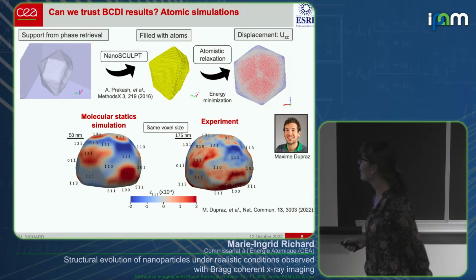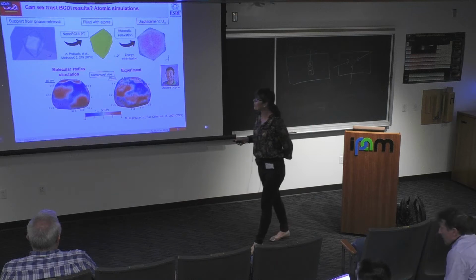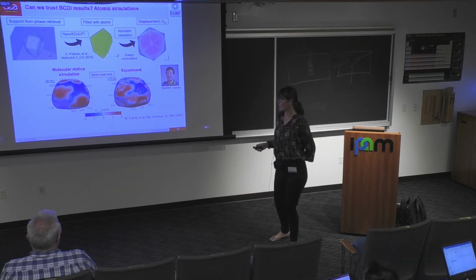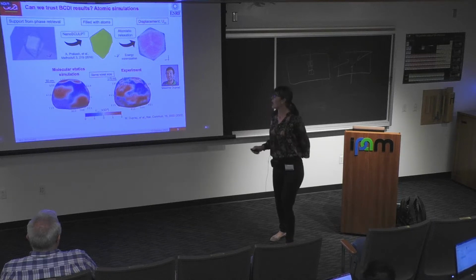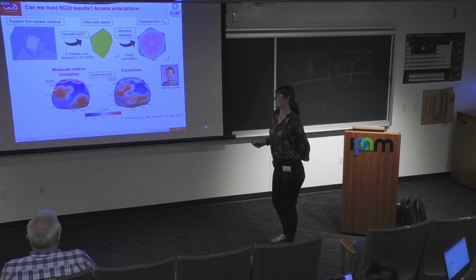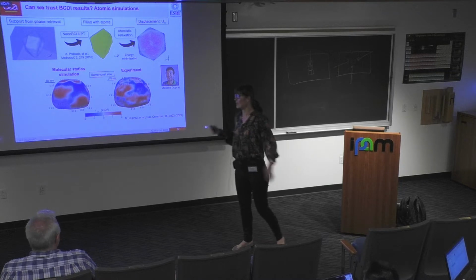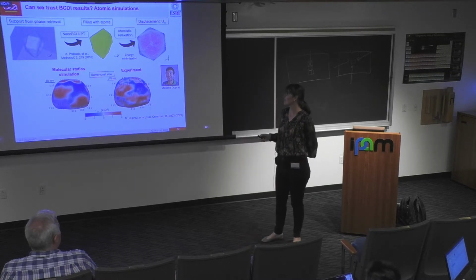Then we can use the same shape of particle and do molecular statics simulation. We need to use the same voxel size for the comparison. For sure, in the simulation the particle size is smaller compared to the experiment, because we can't get the same size with a simulation.